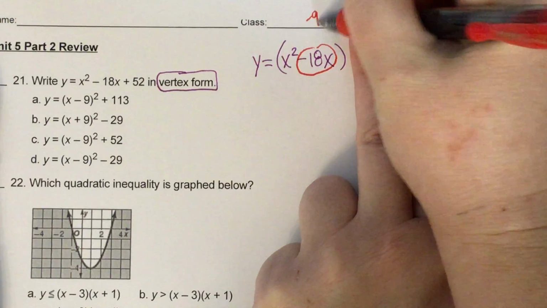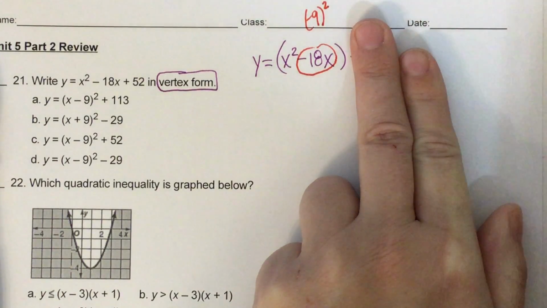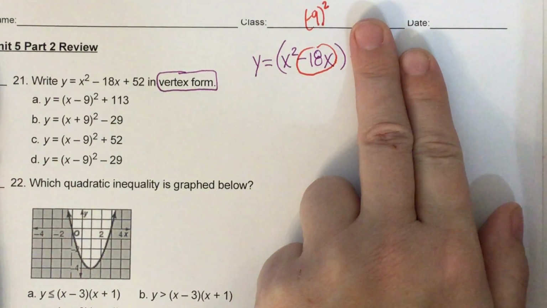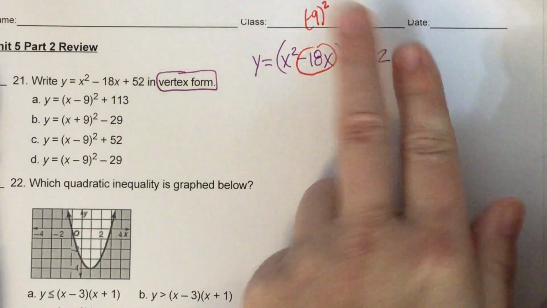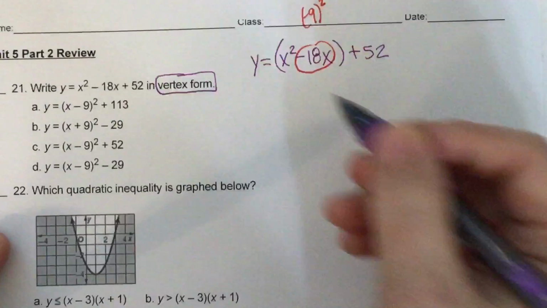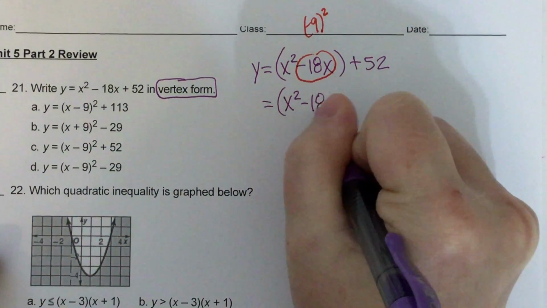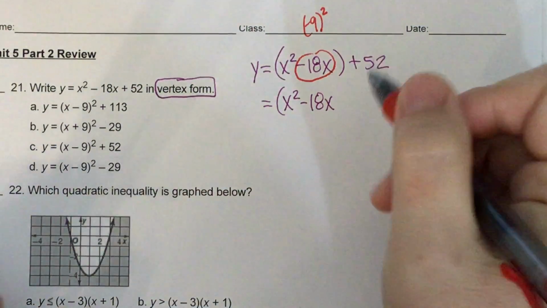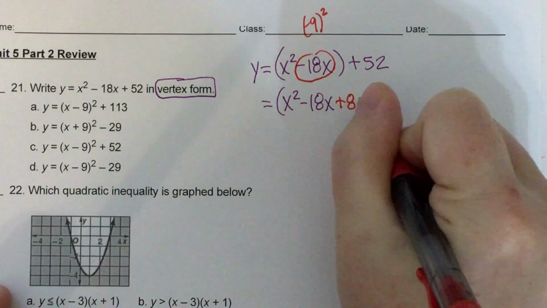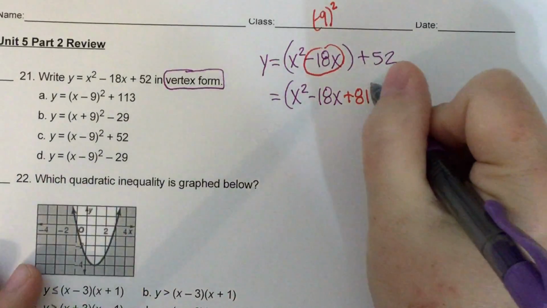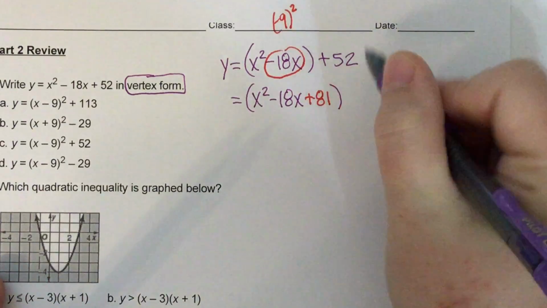Negative 9. And what's negative 9 squared? 81. Okay, so I need an 81 back here. So x squared minus 18x, and I need a positive 81 back there. And then I'm going to bring down my plus 52.